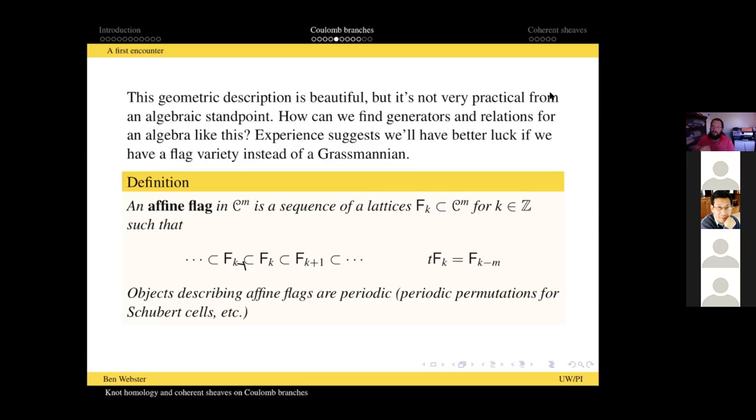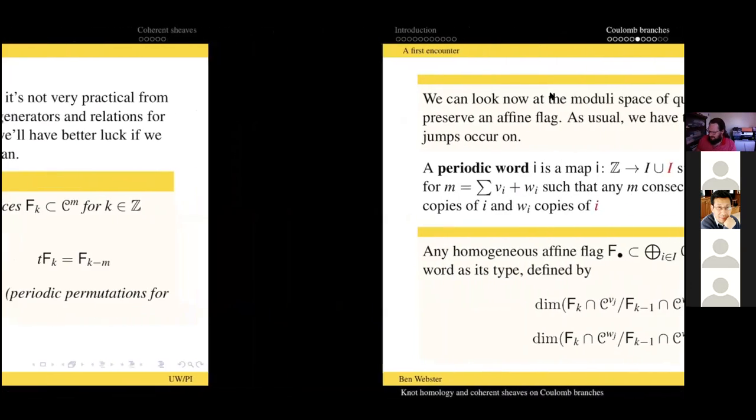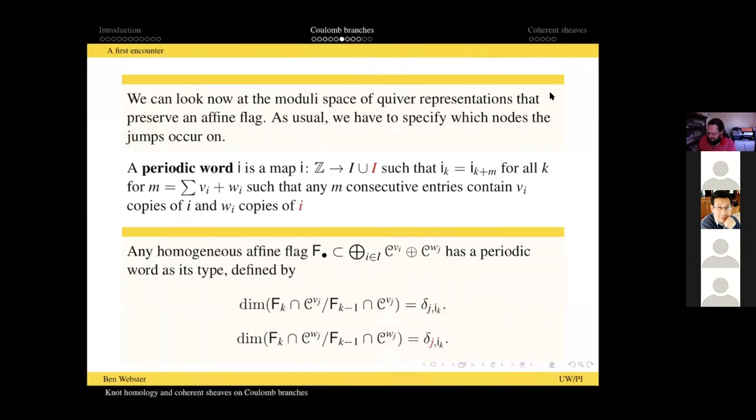And then the other residues give me another sequence of lattices that sit between these guys. So these are good because flag varieties are better than Grassmannians. Grassmannians, they're nice, but they're sometimes hard to work with. And there's a lot of things that are easier when you think about them in terms of flag varieties instead.